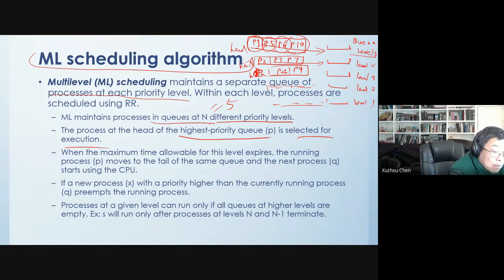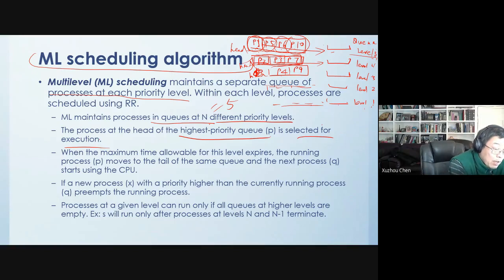So if there are any processes in the highest level queue, then I'll always run the processes in the queue of that level, until level 5 is empty. And then the scheduler is going to check the next level queue and run the header of the process, and then the next one, the next one.